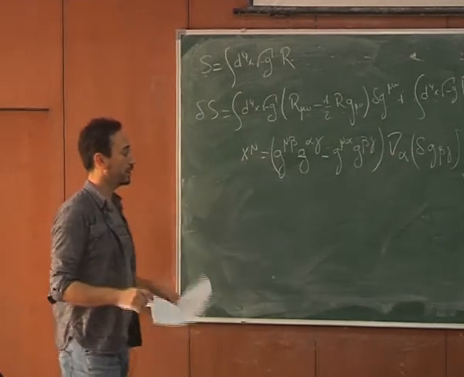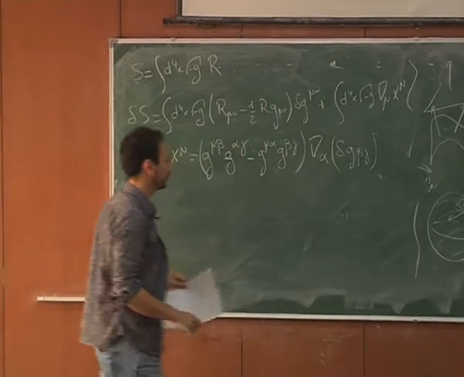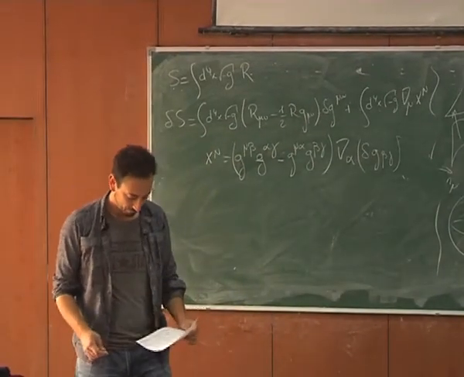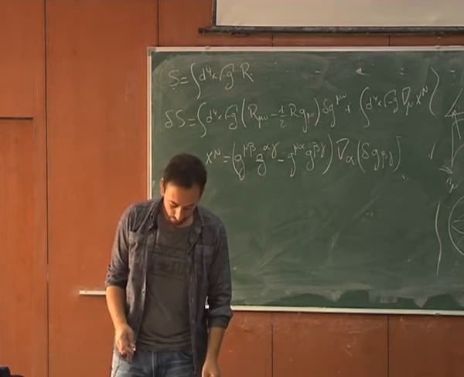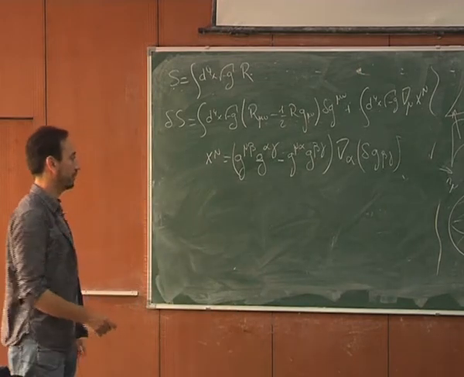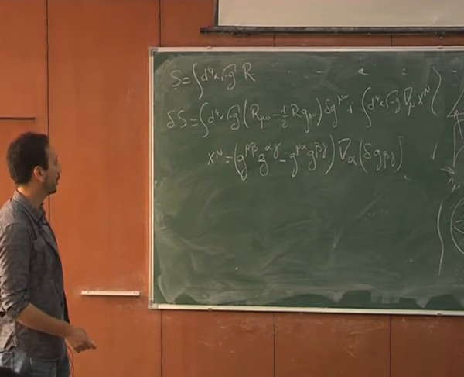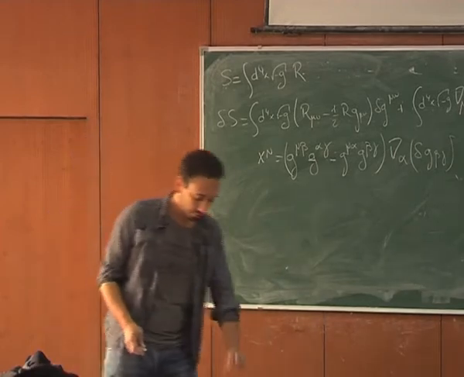So actually this term is going to be a surface term, and we will have difficulties actually to cancel it because of what I was talking about before. If you use Dirichlet boundary condition or Neumann boundary condition, you will not be able to remove it.